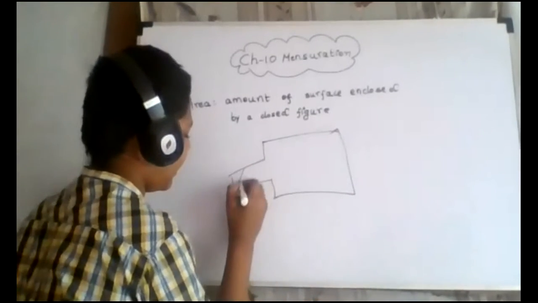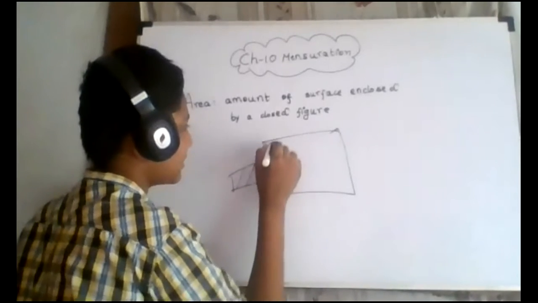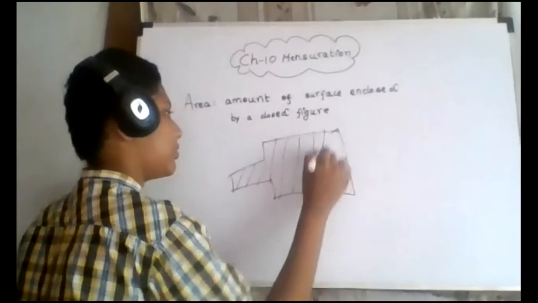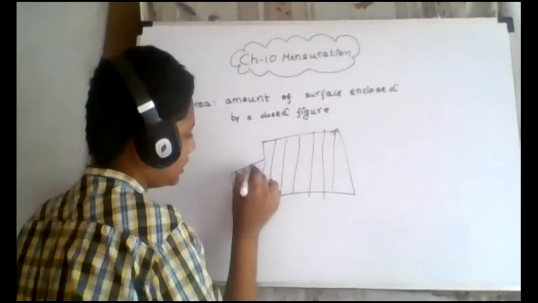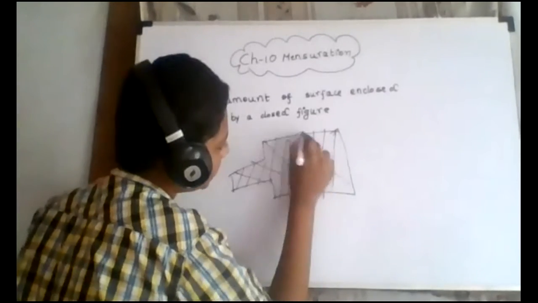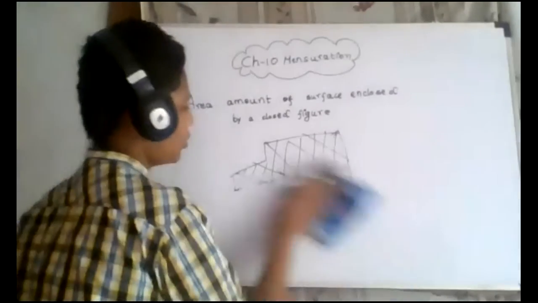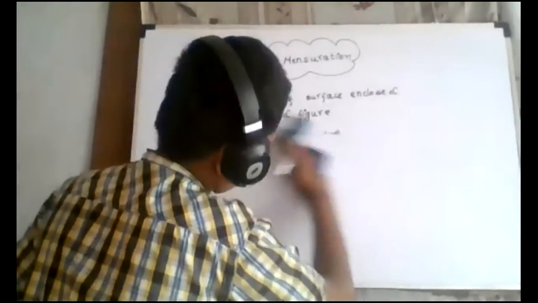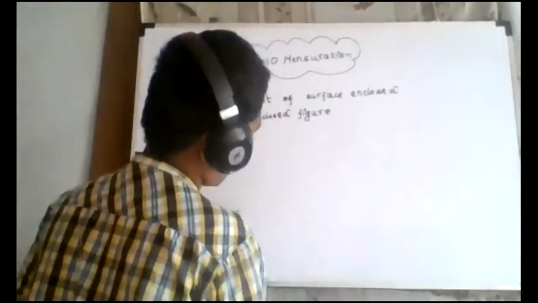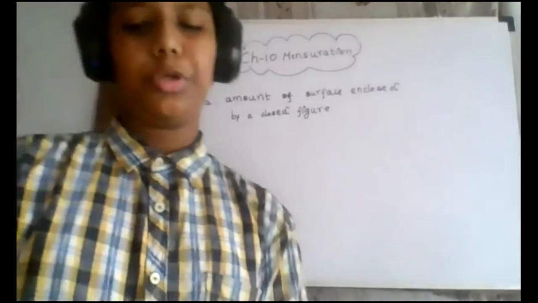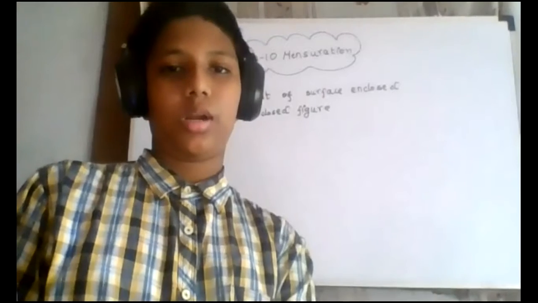The amount of surface enclosed by the closed figure, how much this part is, is simply called area. So how do we find area? In finding area also, we have only two main shapes to learn.